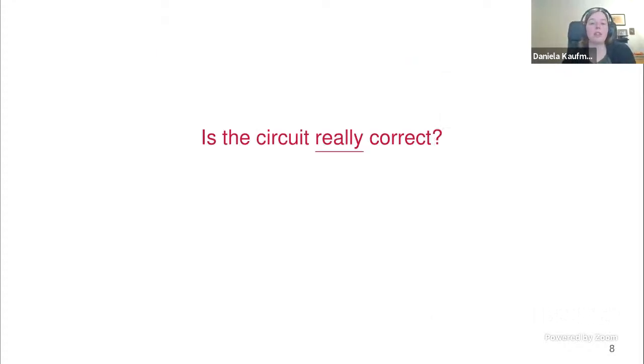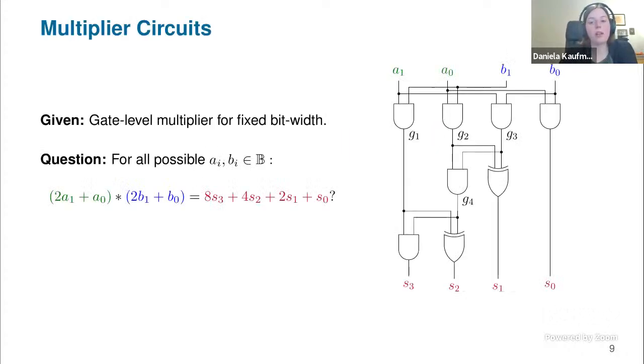Another question is, is the circuit really correct? With really correct, I mean that when you have a gate level multiplier for a fixed input bit width, the question is whether for all possible combinations of the inputs, the output bit vector is always equal to the product of the input bit vectors.